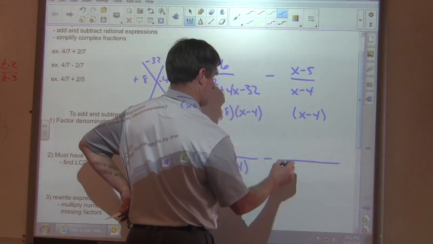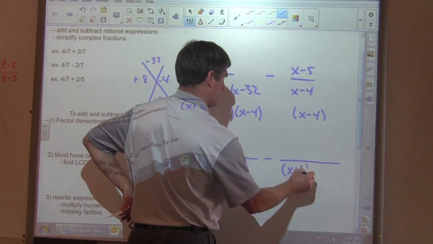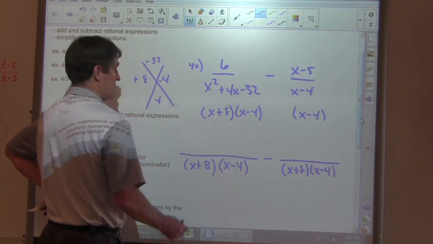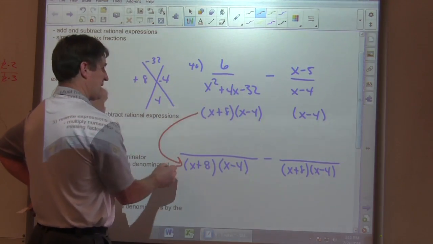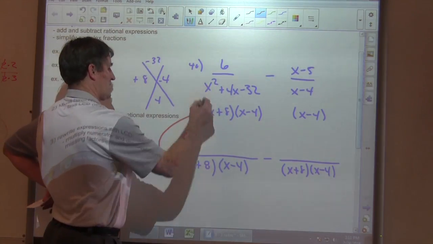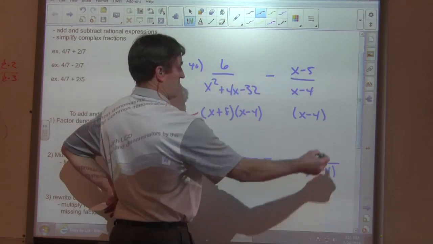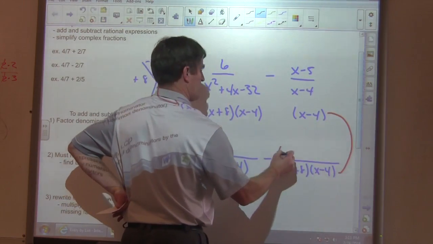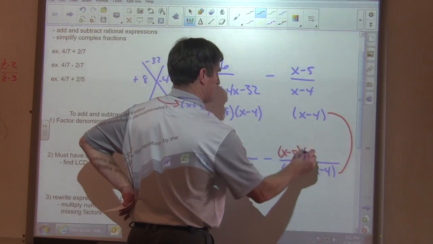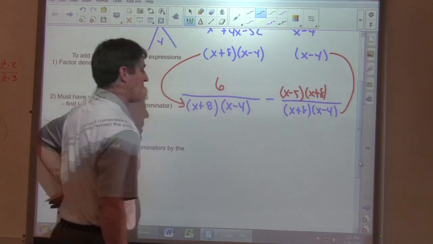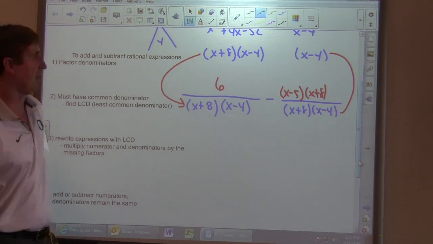I'll rewrite this. So what do I have to multiply this by to get to this? Well, I have the x plus 8, I have the x minus 4, so it's just 1, and 6 times 1 is 6. x minus 4, to get to this, I have the x minus 4, I'm missing the x plus 8. So we've got it rewritten. Now we simplify.